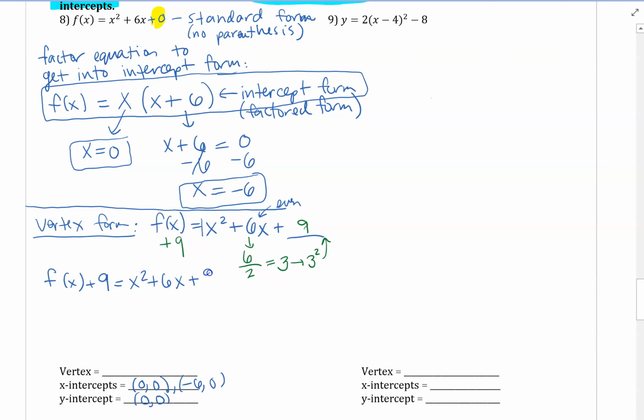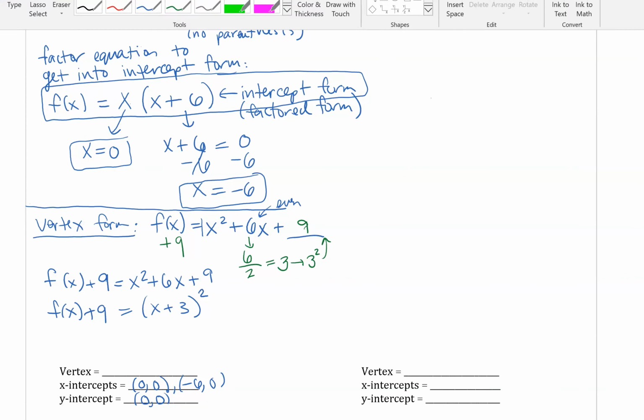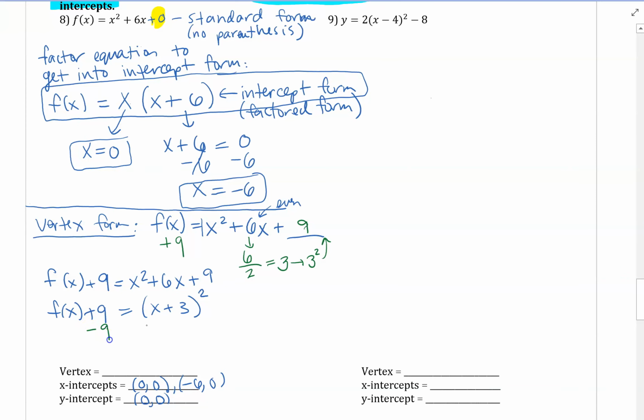Now we factored this one earlier, so we know that x squared plus 6x plus 9 will factor into x plus 3 quantity squared, since 3 plus 3 is 6, and 3 times 3 is 9. All I have to do now is simply move the k value back to the other side, subtract the 9, and voila, I am in vertex form. So I have x plus 3 squared minus 9. That is my vertex form.